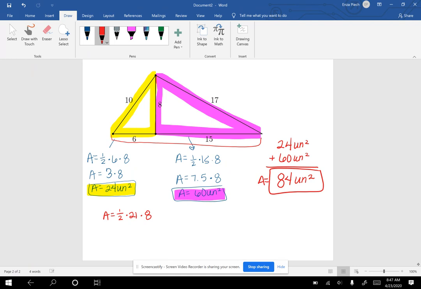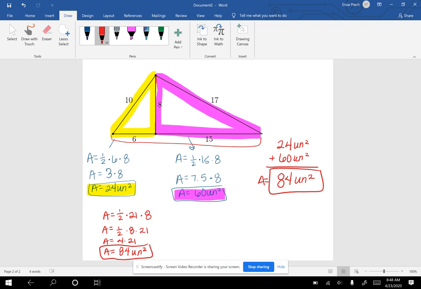Now I'm going to do that commutative property business where I'm going to move things around for us. A equals 1/2 of 8 and 21, because I can easily divide that. So I would get A equals 4 times 21, and now I have A equals 84 units squared.